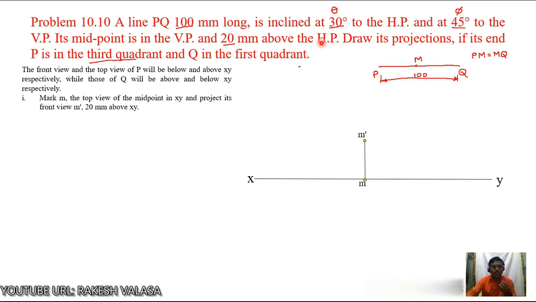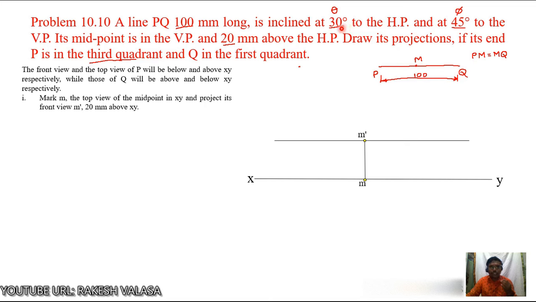Now draw the locus line at M dash. This is the locus of M dash. Next, this line makes an inclined angle, that is 30 degrees to the HP. Already you have studied a line inclined to one plane in exercise 10A.